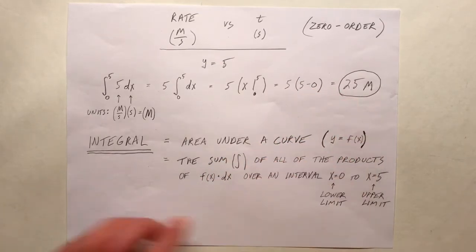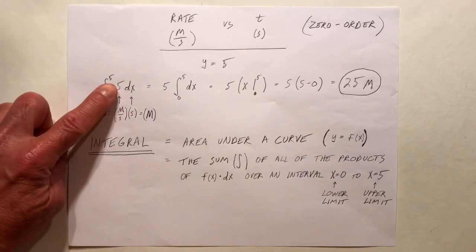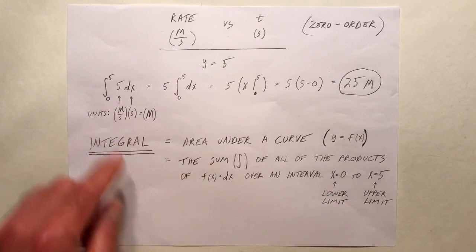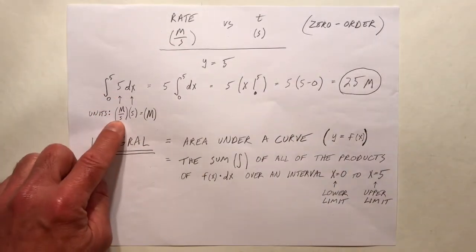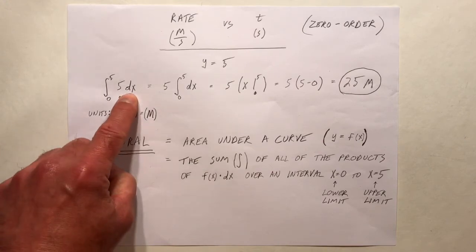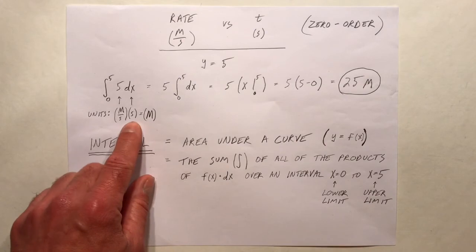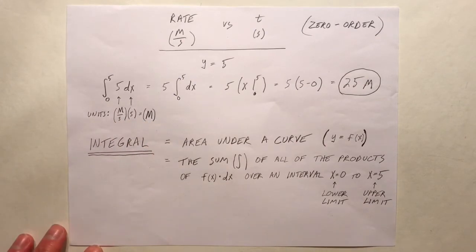And notice our units. It's easiest to do units here. 5 is the y value. That's molarity per second on the y-axis, right? So the units for 5 are molarity per second. dx has to do with the x-axis, which is in units of seconds. So when you multiply molarity per second times seconds, you get molarity.